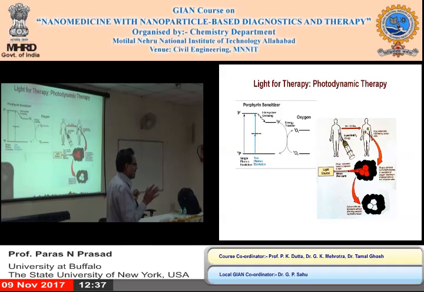So they go in the dark, they get this injection, they wait for a while till it has cleared from other places, only in the tumor. Then you shine light, treat it, and then the patient stays in dim light for maybe a few days, because if he goes to bright light, the light can interact with the remaining photosensitizer in other places and can do damage.